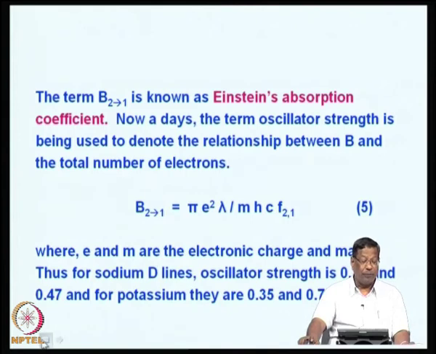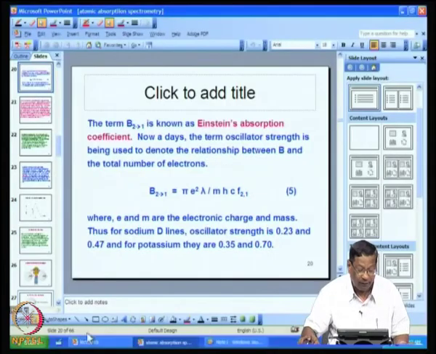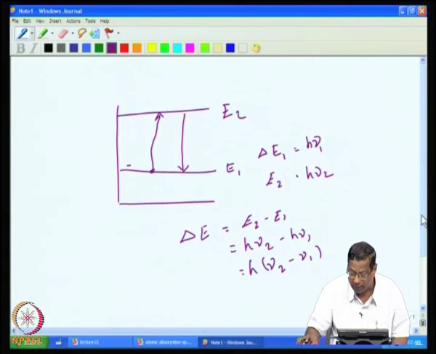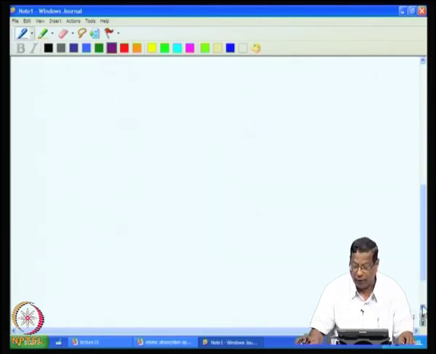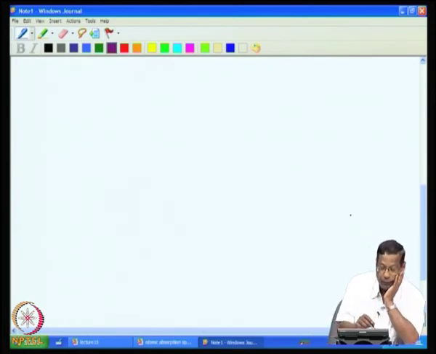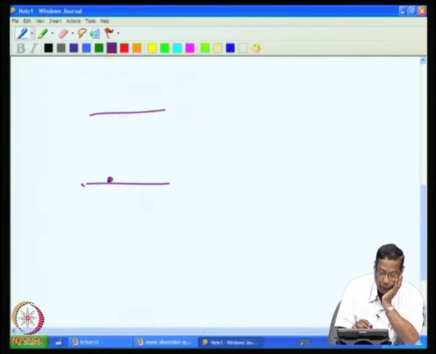So, what we mean actually in this case is that the electron is going from one state to another state. I have two states. This is an electron and it is going to the next energy state. It can't remain there forever. So, from here it can come back to ground state.